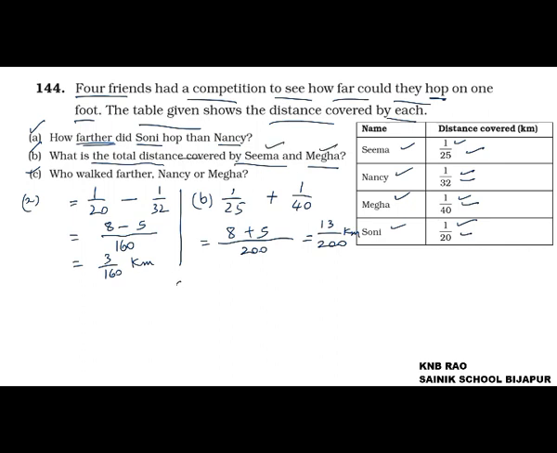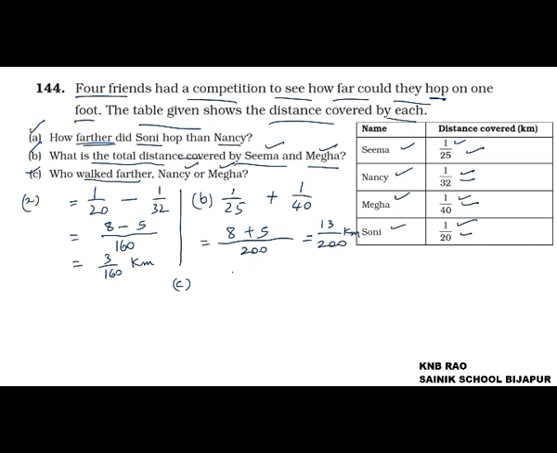Now coming to sub part question C. Who walked farther, Nancy or Megha? Watch, Nancy has hopped 1/32 kilometer, whereas Megha 1/40.